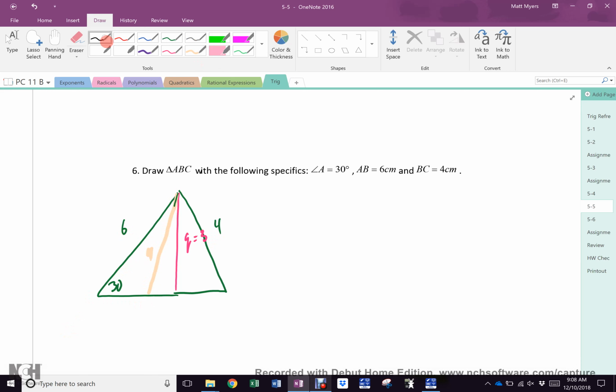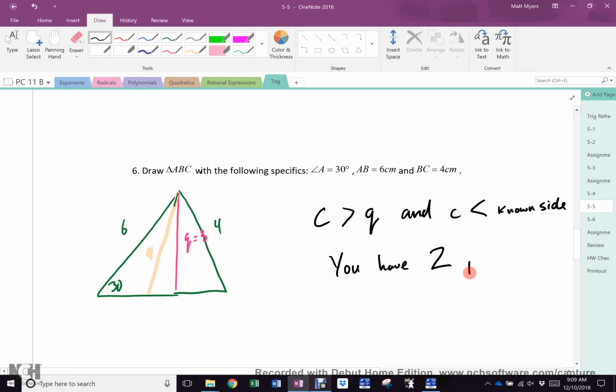So this is the complicated one. This is the one that messes everybody up. If C is greater than Q and C is less than your known side, you have 2 possible triangles.